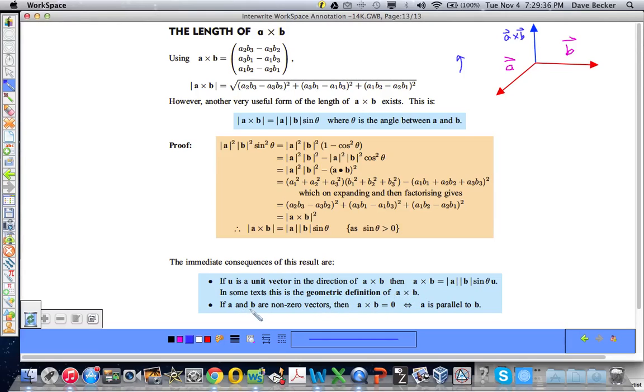Also, if A and B are non-zero vectors, then A cross B equals 0 if and only if A is parallel to B, which makes sense because if A is parallel to B, I can't form a plane. So the definition is that it's perpendicular to both vectors that form a plane.